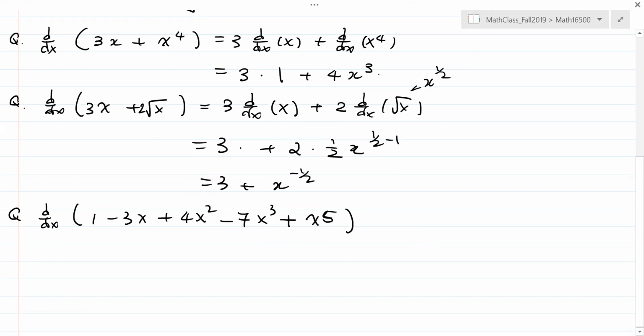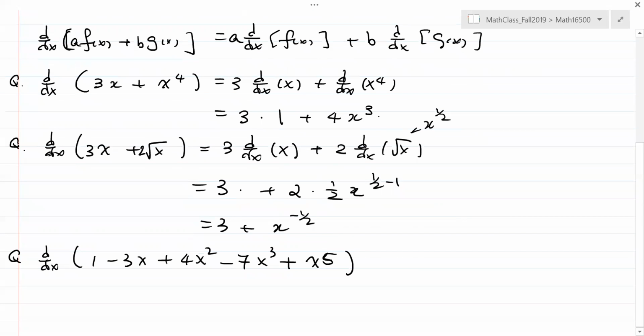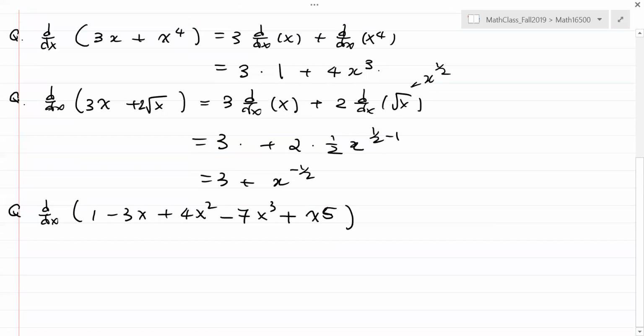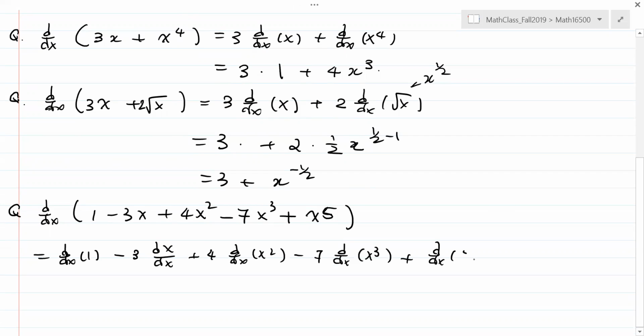Here, for simplicity, we just have a f of x plus b g of x, but if you have more than 2 terms, it's the same. So you differentiate the first term, minus 3, differentiate the second term, plus 4, differentiate x squared, minus 7, the derivative of x cubed, plus the derivative of x to the 5th.